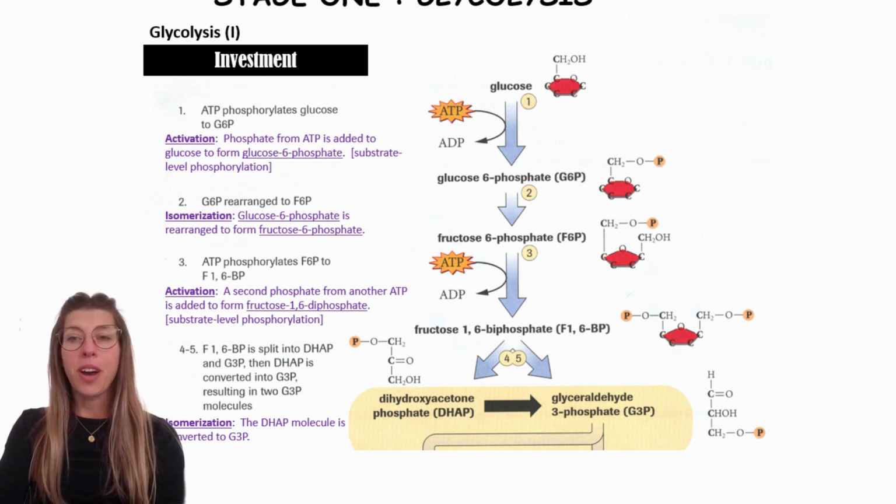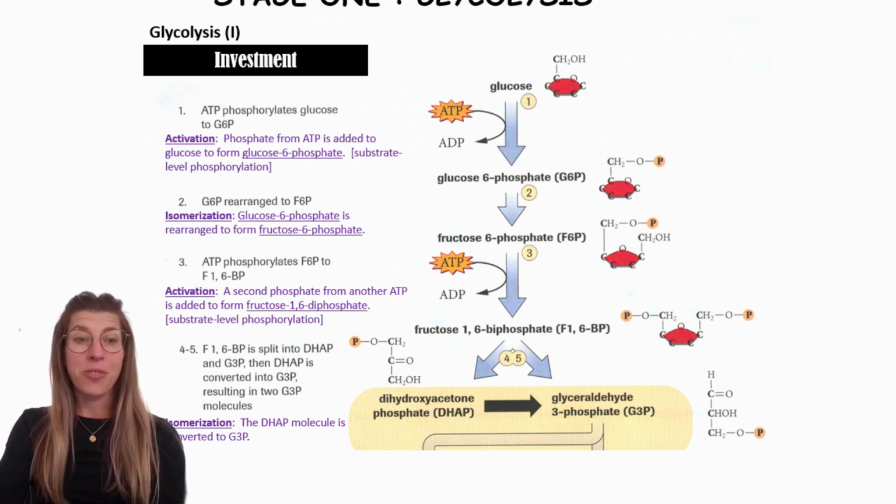Remember, sometimes some functional groups can just flip from top to bottom, and it makes it into an isomer. So this is an example of isomerization, which converts it from the G6P to an F6P. It still has that phosphate group attached, just rearranged a little bit in the compound itself.